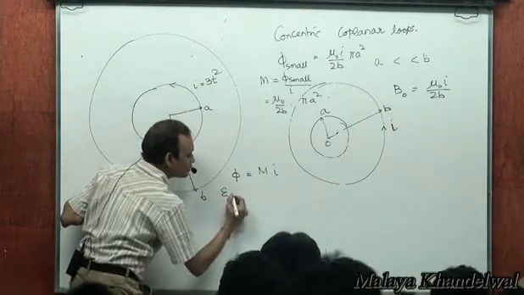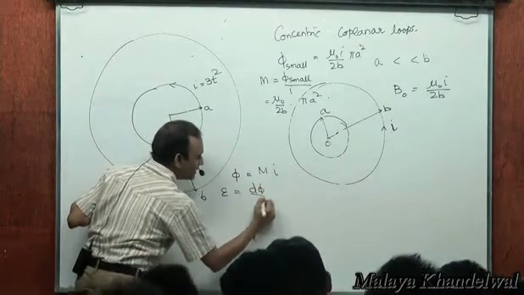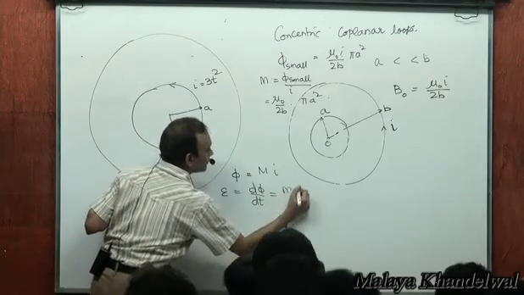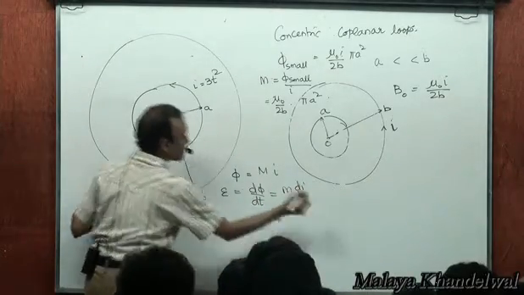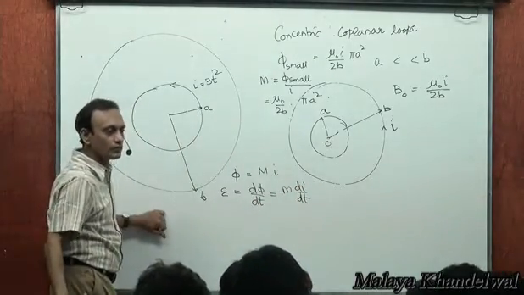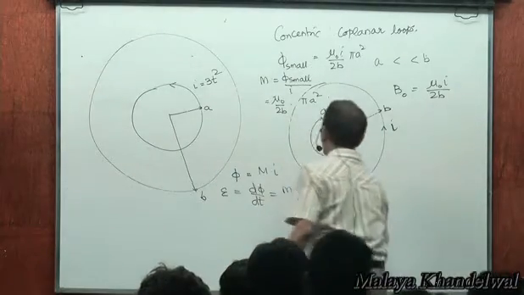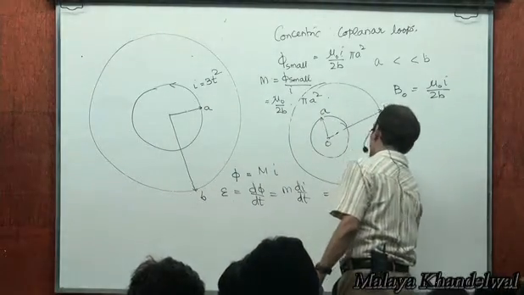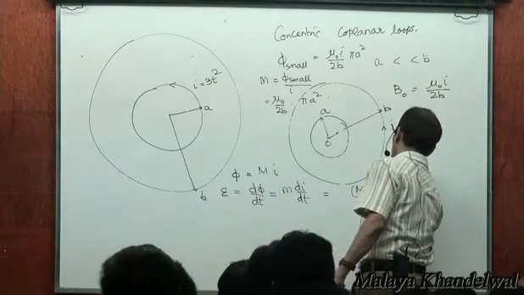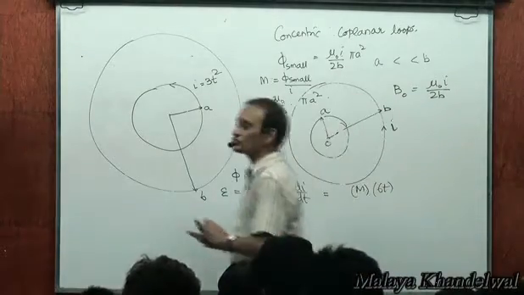So the EMF induced in the bigger one would be d phi dt, which is M dI dt. M I have already known, dI dt is 6t. That's induced EMF.